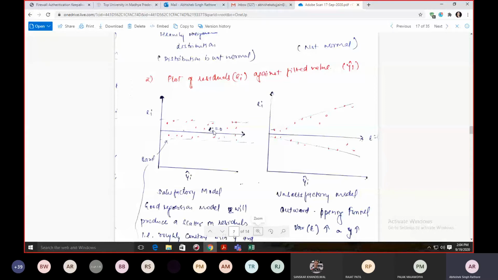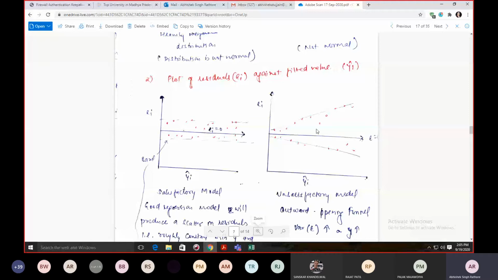It means that all residuals lie in a particular horizontal band, the width of this band is a constant value, and the center of this band is e_i equals 0. So we can say that we have a constant variance, centered along e_i equals 0.